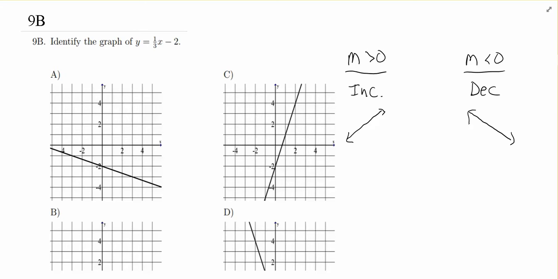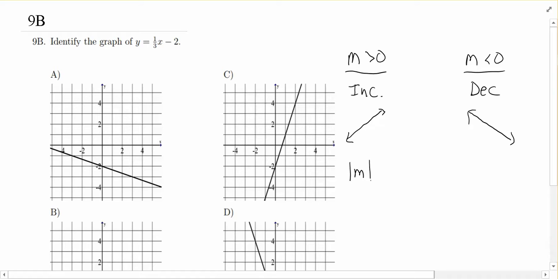Now, for the second piece, we're going to talk about the steepness of the line. So a slope of 1, which means go up 1 over 1, up 1 over 1, results in a 45-degree angle. So it's exactly halfway in between vertical and horizontal. So let's talk about what happens if your slope gets larger than that.